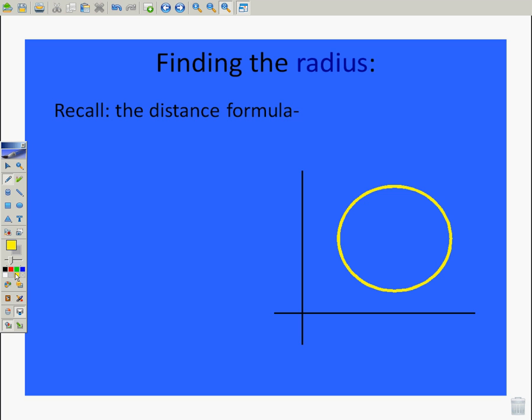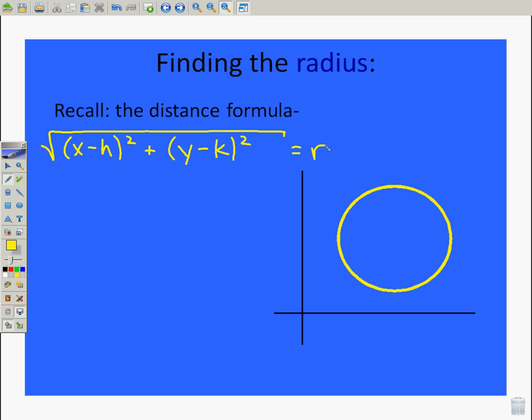It is the square root, a big square root because we've got a lot inside of it, of x minus h squared plus y minus k squared, is equal to r. Remembering that the distance between any 2 points is the square root of x2 minus x1 squared plus y2 minus y1 squared.